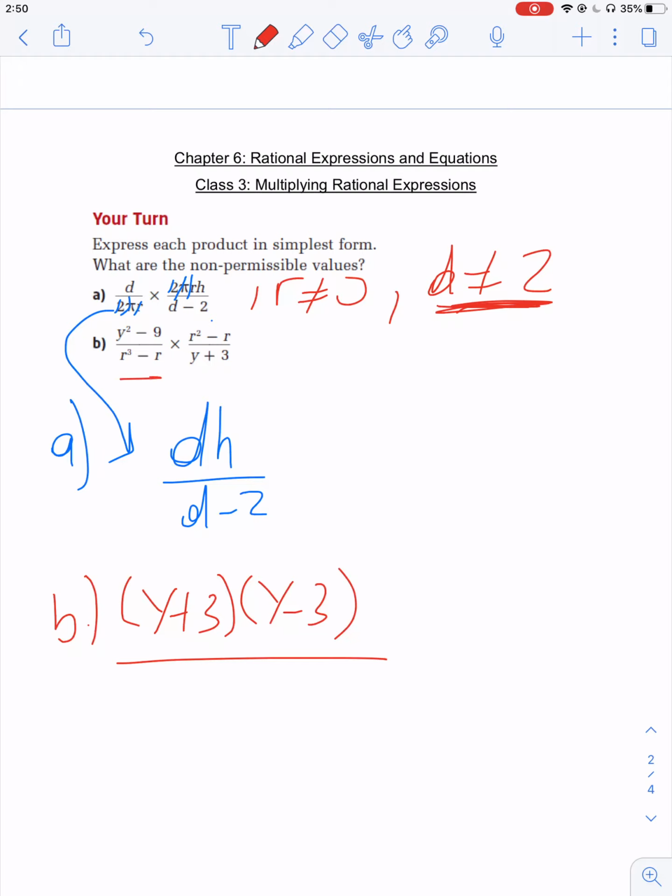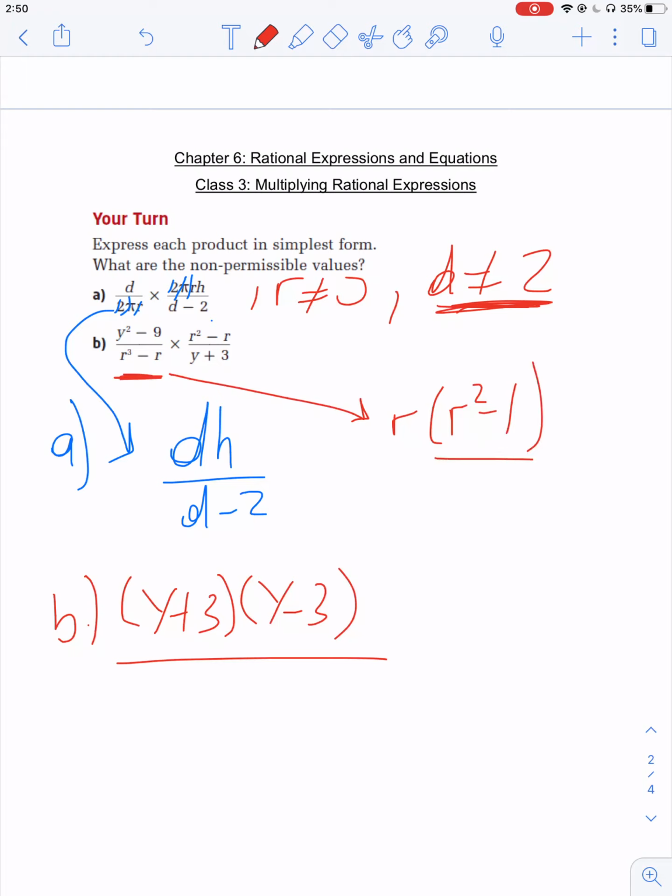Now you see you have r cubed minus r. The first thing I've said you always have to aim for is, can you factor the whole expression? Yes, I can. If I factor the whole expression, I get r times r squared minus 1.